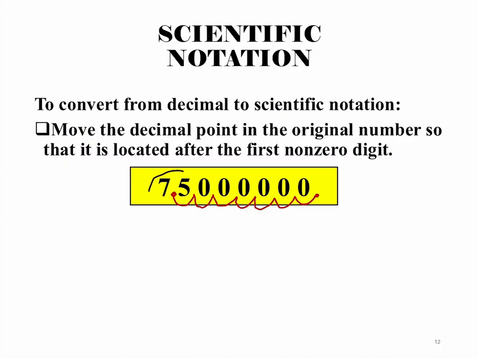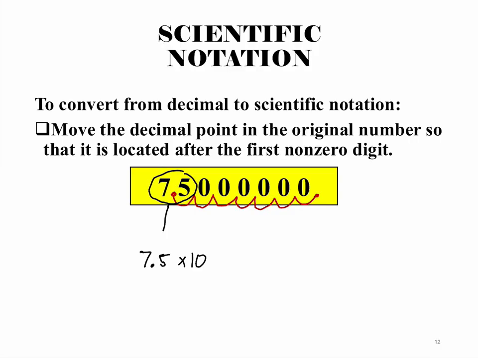So now this is going to be our coefficient. Our coefficient is where the integers, the non-zero numbers, as long as they're not zeros sandwiched between non-zero numbers, in our large number, that are left over after moving this decimal place.